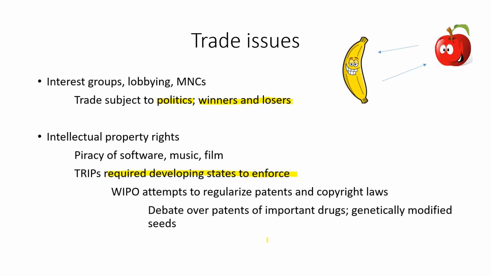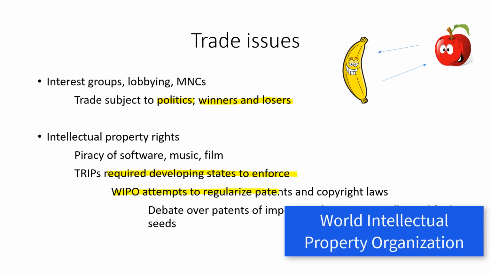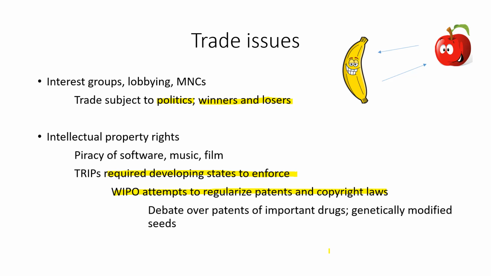So once again we have a trade-off: WIPO attempts to regularize patent and copyright laws across the board, but there are debates as to whether patents might need to be spread out and benefit other countries. For example, Monsanto has patented a seed that dies once you plant it, so you can't use the plant to harvest seeds for your next crop.